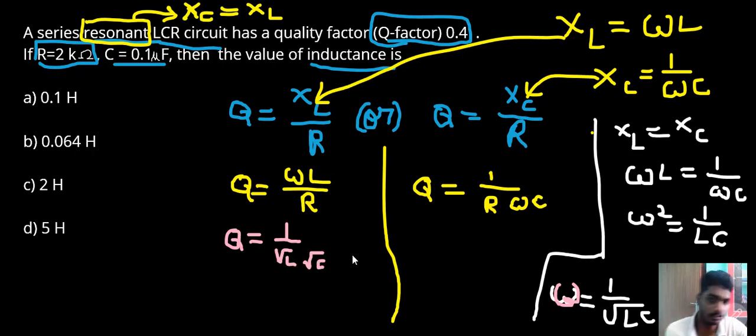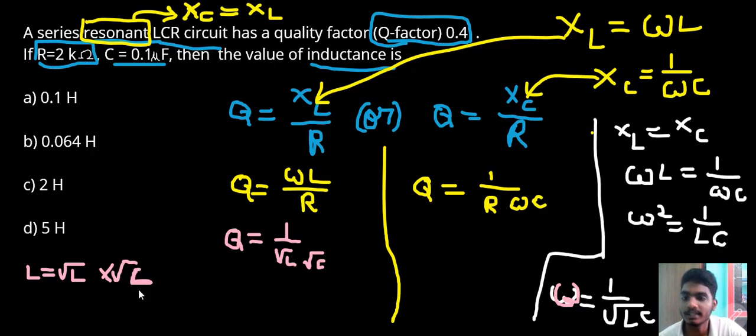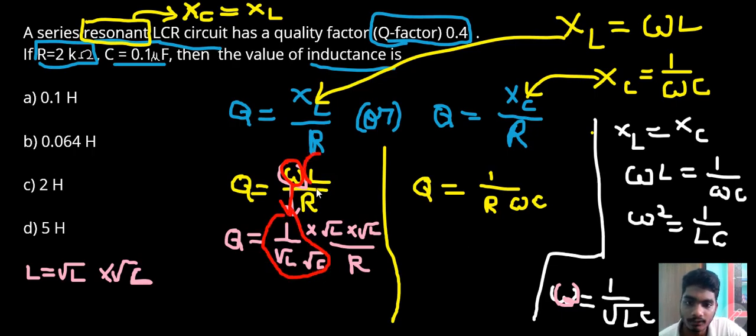I am going to split both the values. L can be written as root L into root L, divided by R. The value of omega is written right here, 1 by root LC, and the value of L is written as root L into root L, and R as R. This is the thing you have to understand here.